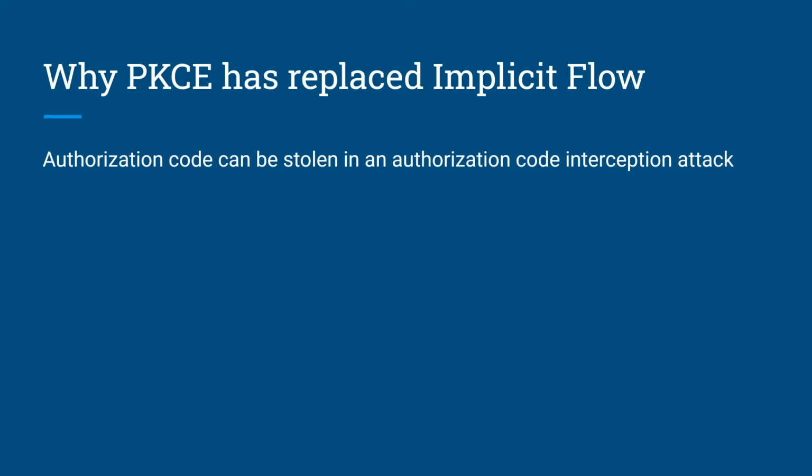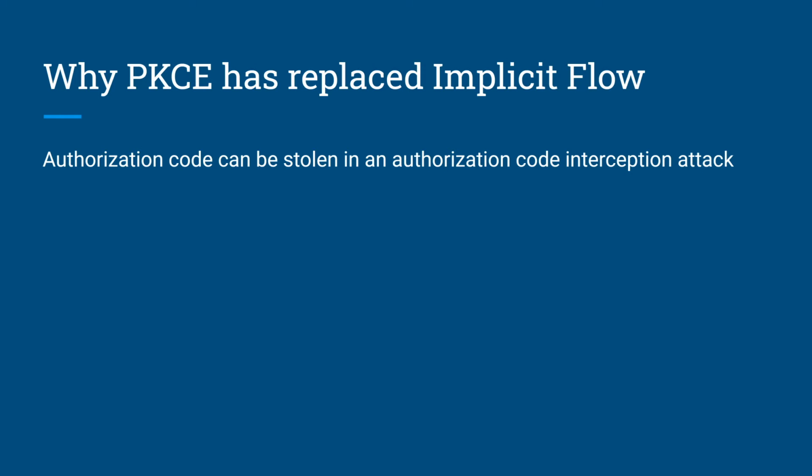And we've talked about some of the reasons it has replaced implicit flow, but it's worth reiterating. Your authorization token can be stolen in an interception attack. Basically, that's when an attacker gets your access token somehow and uses it to log into an application pretending it's you without ever having to enter any credentials.